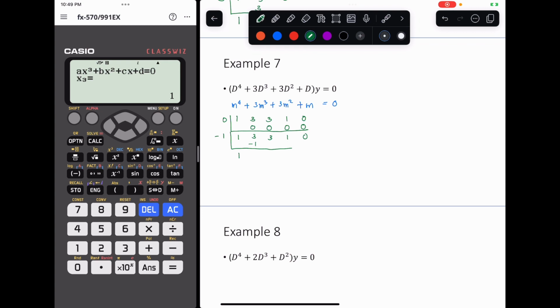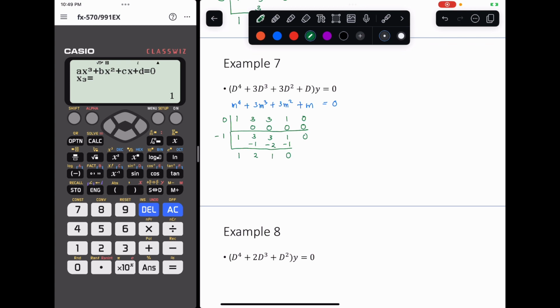So 3 minus 1 is 2. 2 times negative 1 is negative 2. Then 3 minus 2 is 1. And 1 times negative 1 is negative 1. So 1 minus 1 is 0. So again, negative 1 is a root.